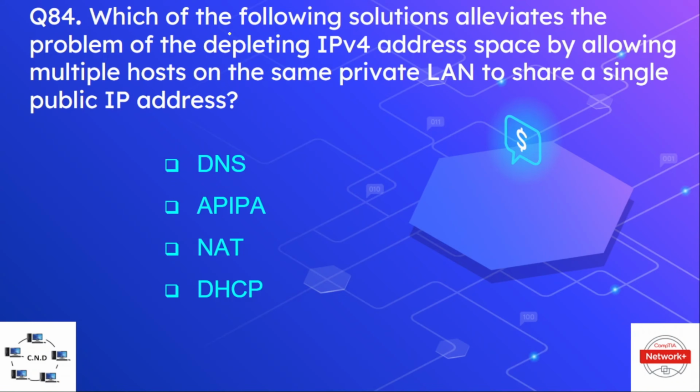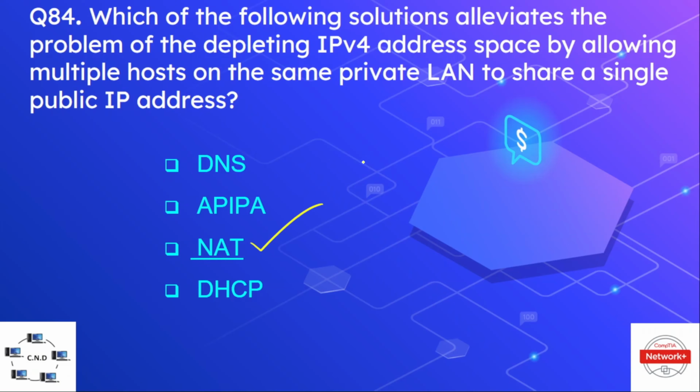Question number 84 is: which of the following solutions alleviate the problem of the depleting IPv4 address space by allowing multiple hosts on the same private LAN to share a single public IP address? And the options are DNS, APIPA, NAT or Network Address Translation, or DHCP. And the correct option is NAT or Network Address Translation.